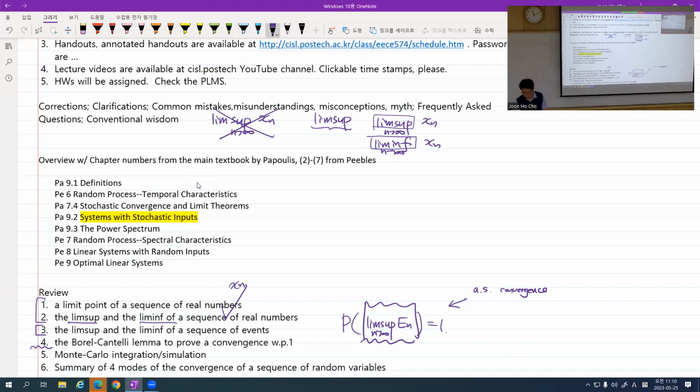And also, you can show that some lim inf, something like that, to prove your result.